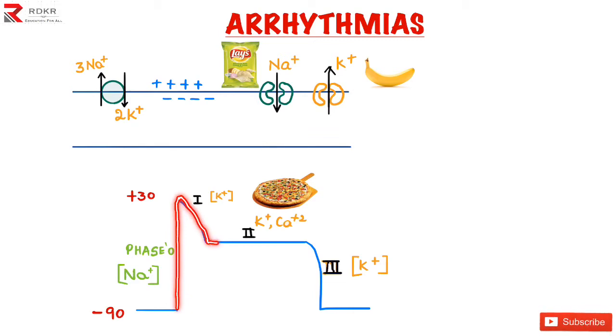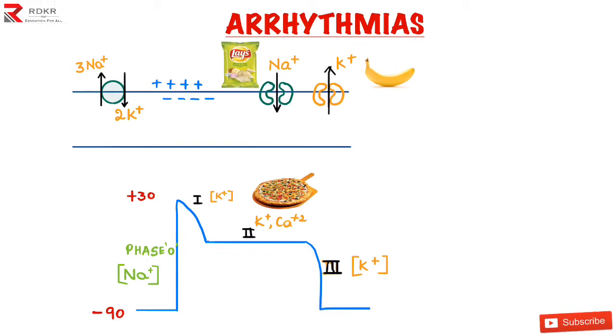After that, you started to eat the pizza, so the influx of calcium and the efflux of potassium have balanced, and that is why you have a steady state. Even after completing the pizza, you didn't eat the banana, so your potassium channels keep open and there is more repolarization. Now the repolarization is completed and we achieved the resting membrane potential.